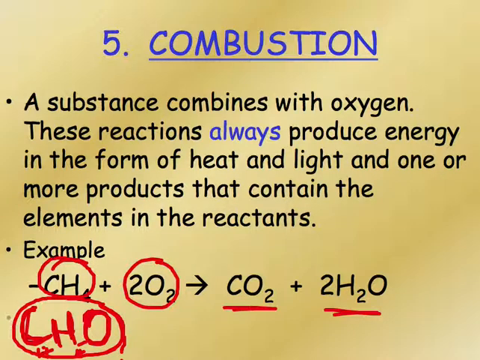Notice for this reaction, there is no simple pattern. There are no A's and B's here. We can only show this reaction by using a carbon and hydrogen-based substance and oxygen with the products of carbon dioxide and water. So this is the only one where you can't play that A-B game for examples.